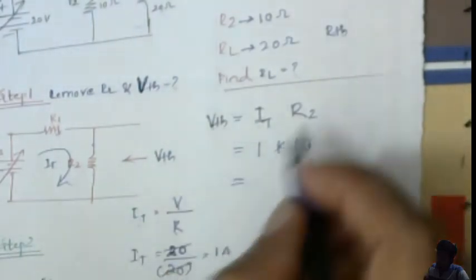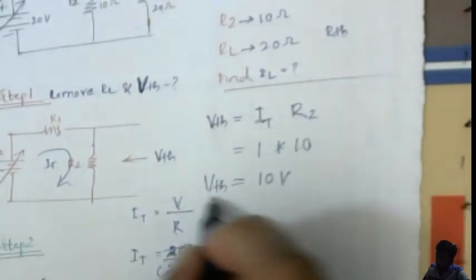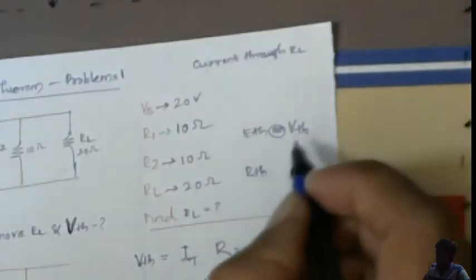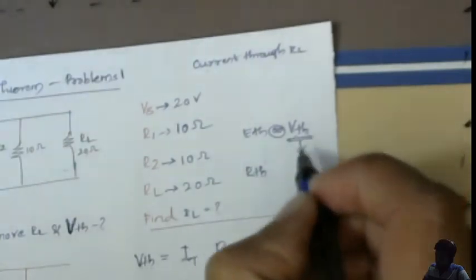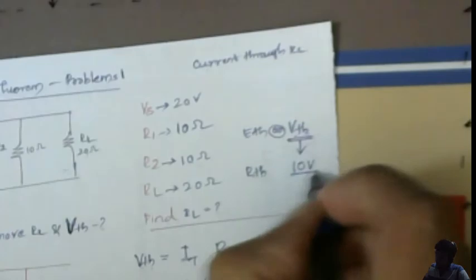This is equal to 10 volts. Therefore, the VTH value becomes 10 volts.